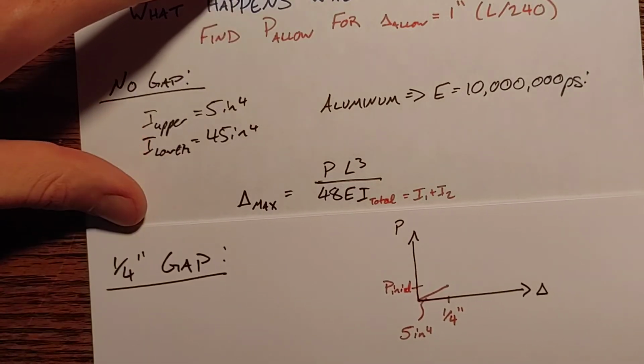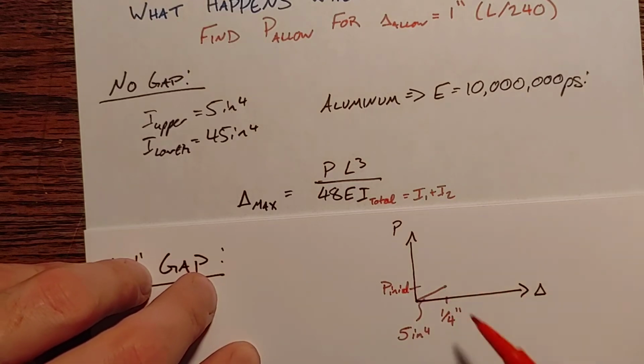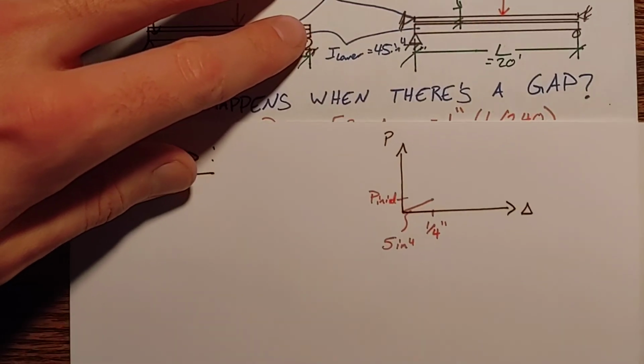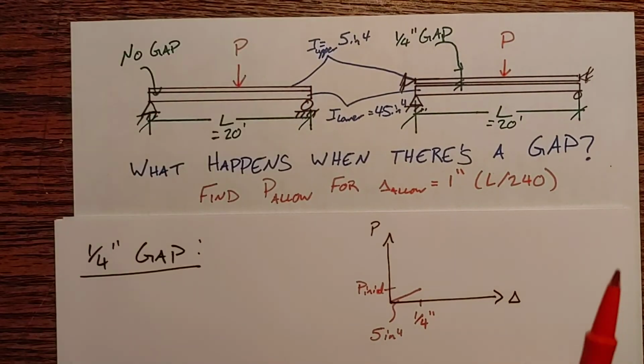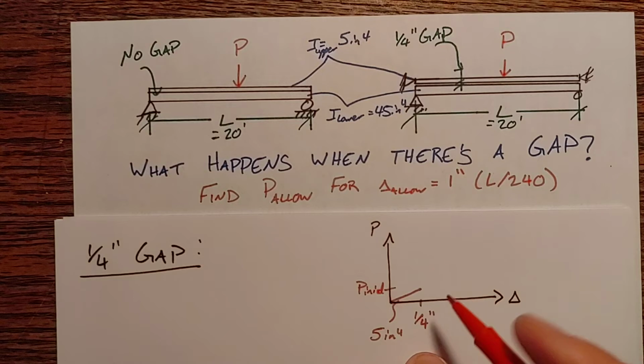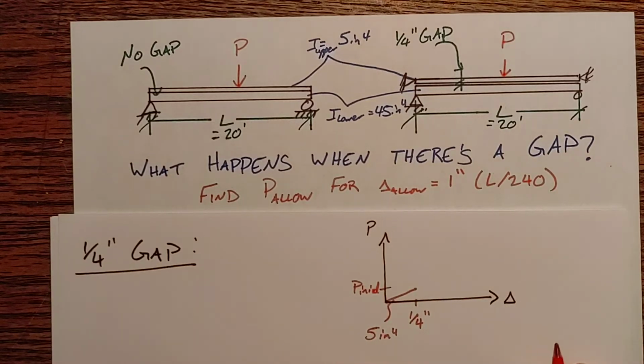The only thing we're going to transition from at this point is we're going to add a whole bunch of stiffness. So when we hit this 1/4 inch point, and this is all still assuming small deflections, homogeneous isotropic, linear elastic materials, all that good stuff we usually use for Euler-Bernoulli beam theory.